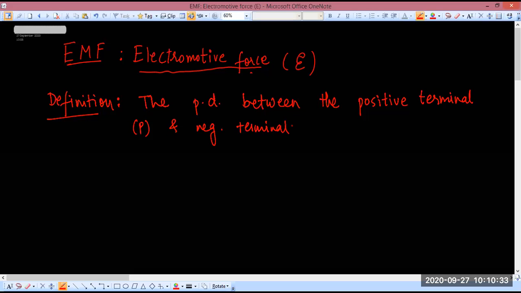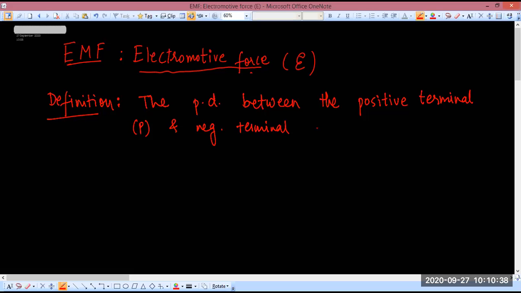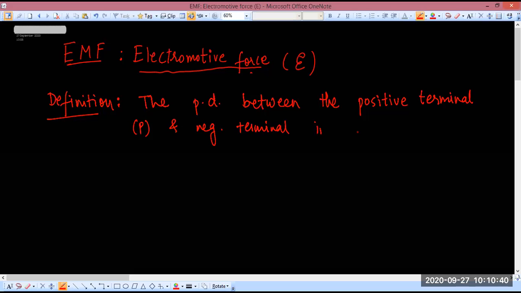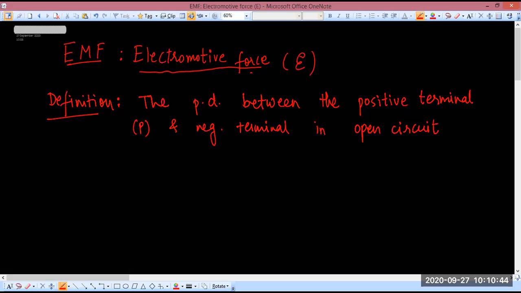Okay, so the potential difference between the positive terminal and the negative terminal in open circuit, right? In open circuit situation, that is when current flowing is zero, right? You could put that in brackets, right?